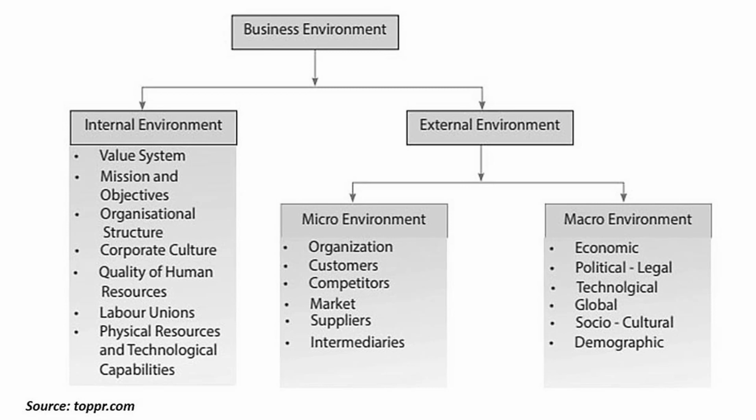Okay, so this is a simple diagram showing the different categories of business environment. There is the internal environment and the external environment. For the internal environment, it includes the value system, mission and objectives, organizational structure, corporate culture. This refers to the company itself, the quality of human resources or personnel that they hire, labor unions, physical resources, and technological capabilities.